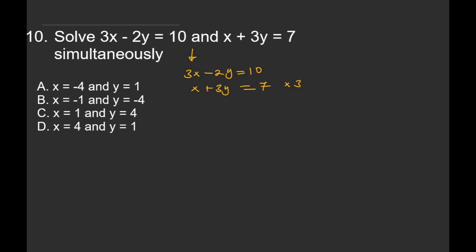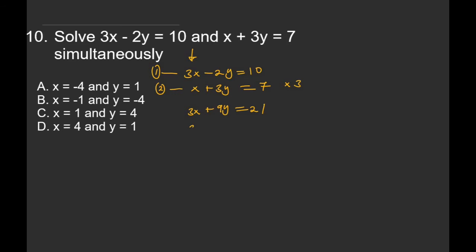So let's do that. If I multiply equation 2 by 3, I'm going to get 3x plus 9y equal to 21.